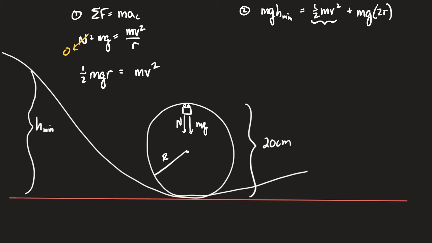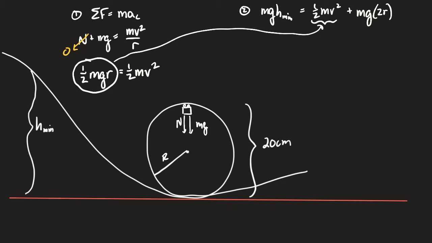I will multiply both sides by 1/2. Now, here's the rub. What I've really done here is I found a different way to express the kinetic energy based on the condition to stay in uniform circular motion. So I'm going to make this substitution.